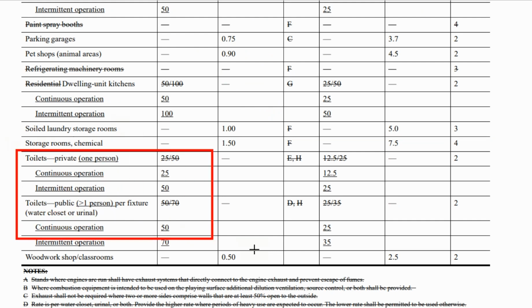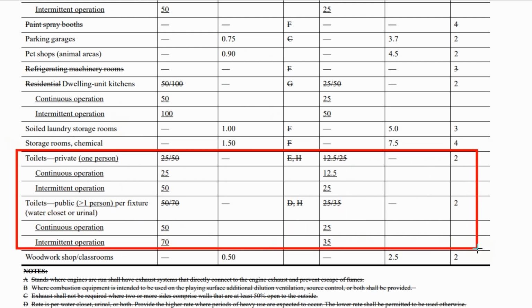From these rows, we will select the exhaust air CFM for toilet. We have two types of toilet, one private. For private type of toilet, if we are using the exhaust fan continuously, then for one toilet we need exhaust air 25 CFM.